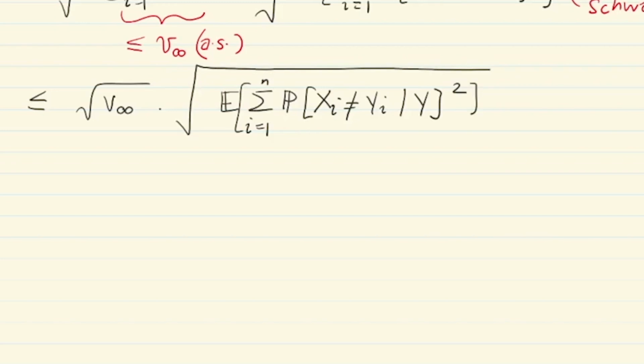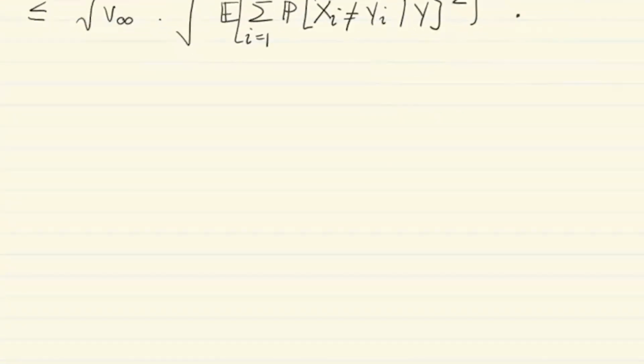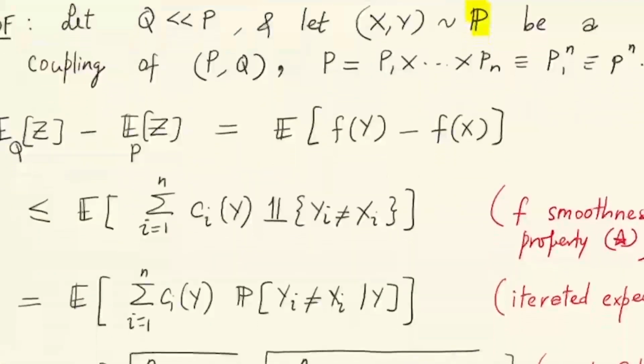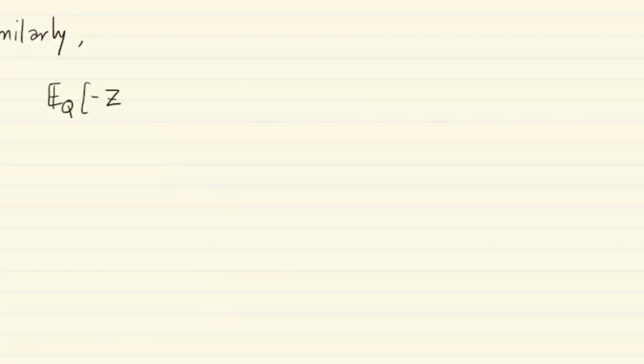Okay, so we get this. Now along very similar lines, we can apply the same technique to the random variable minus f of x, or minus z, to get the following. So EQ minus z minus EP minus z can in a very similar fashion be upper bounded.